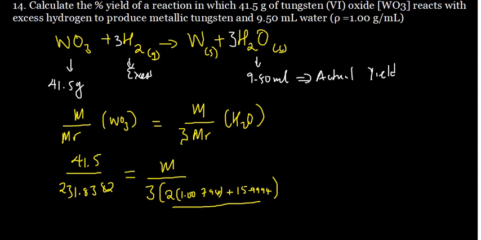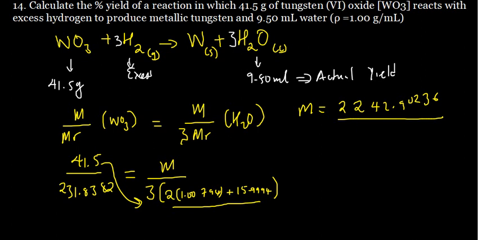Okay, the answer that I get, I also multiply with this one which is on top. So I'm finding that the mass is going to be, if I multiply this by this, that is giving me 2242.90236, then divided by this value which was supposed to multiply with this one.